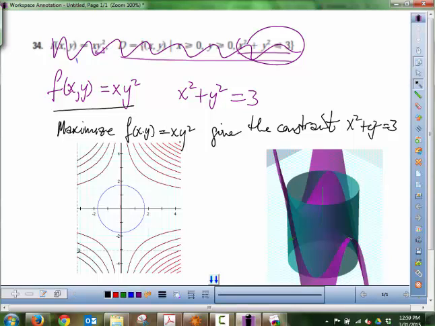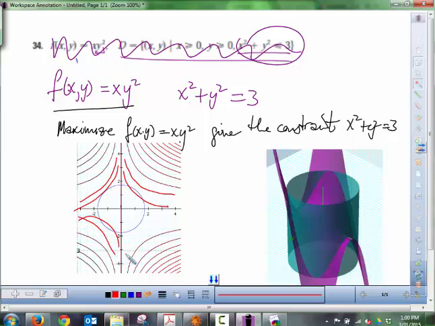So if I draw more level curves, I'm just guessing, but my level curves are probably going to look like this. Right?